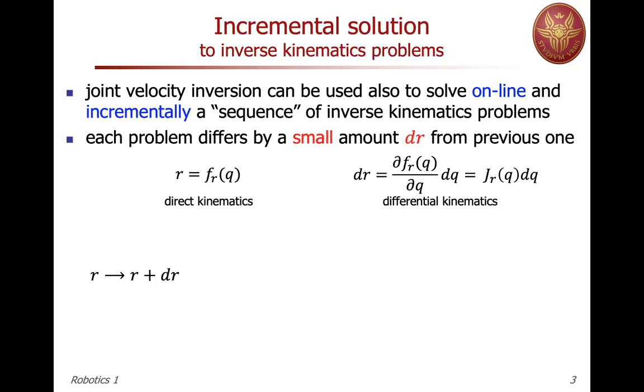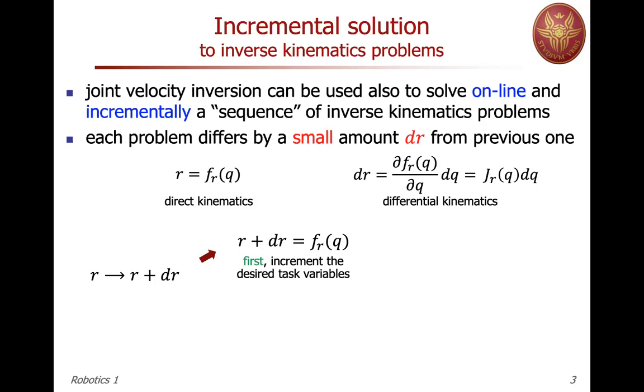This is why I'm writing that the new task variable moves from R to R plus dr. Now we can do two alternative things. One thing is, this is a new value of R, so we increment the task variable, and we have a new problem of inverse kinematics. We have to find a q such that f_r(q) is equal to R plus dr.